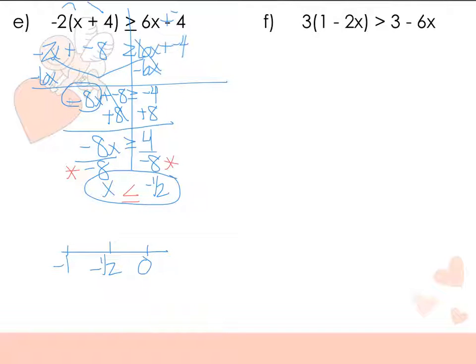You guys did awesome with this yesterday, but we're going to do a closed circle, and then we're going to shade to the left because our arrow is pointing towards the left. So your graph will look like this. If you guys have questions, help each other out with those. But from what I saw yesterday, in all honesty, you guys are doing a really nice job with them.